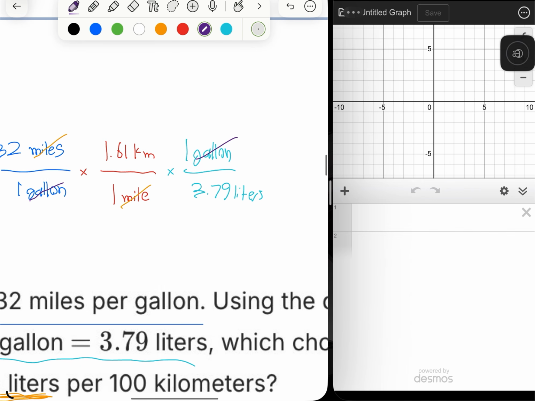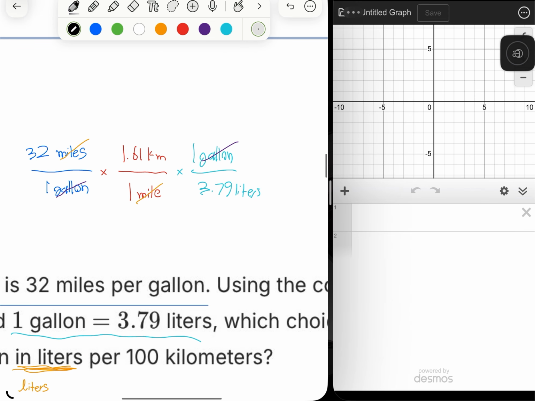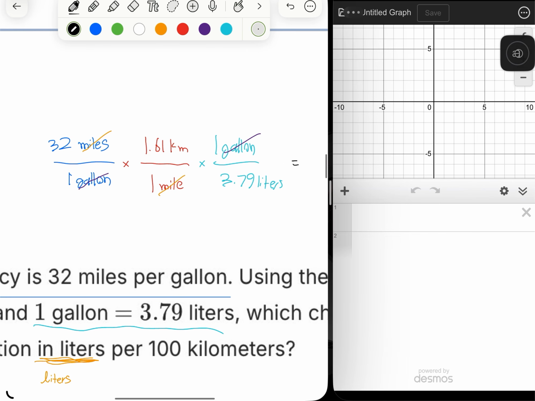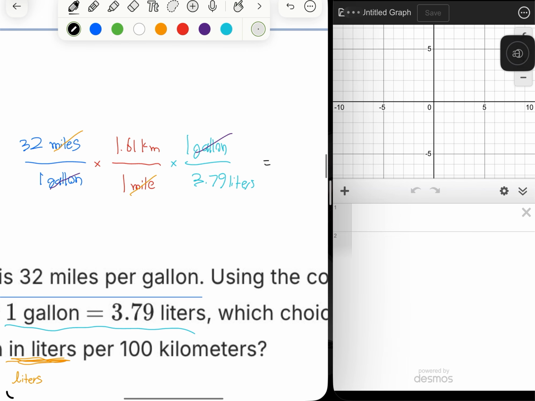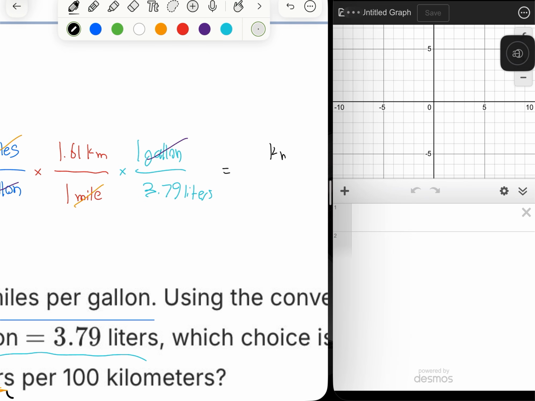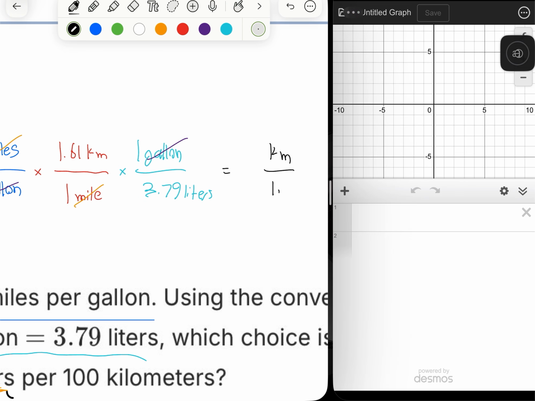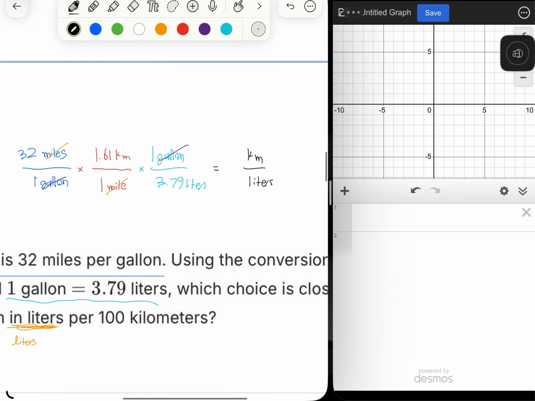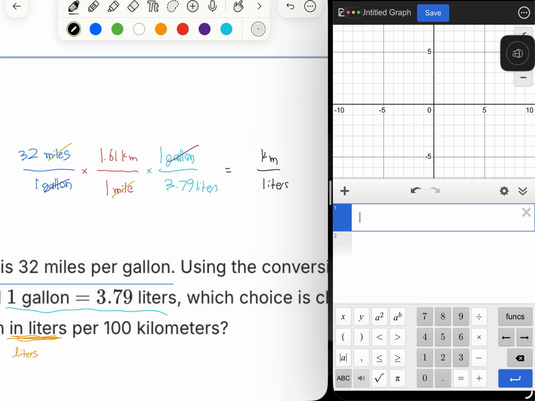That's why I didn't write 3.79 liters over 1 gallon, but instead I wrote 1 gallon over 3.79 liters. And so when you multiply all these together, you'll realize that your leftover units are going to be kilometers over liters. And if you multiply everything, I'm going to use decimals here, we have 32 times 1.61 divided by 3.79.